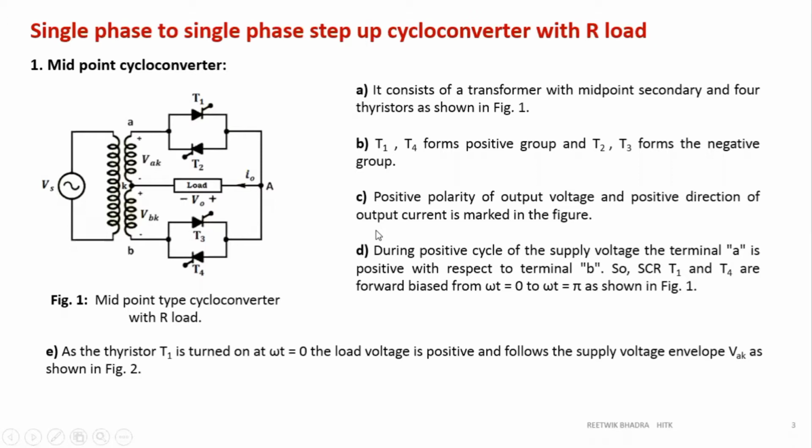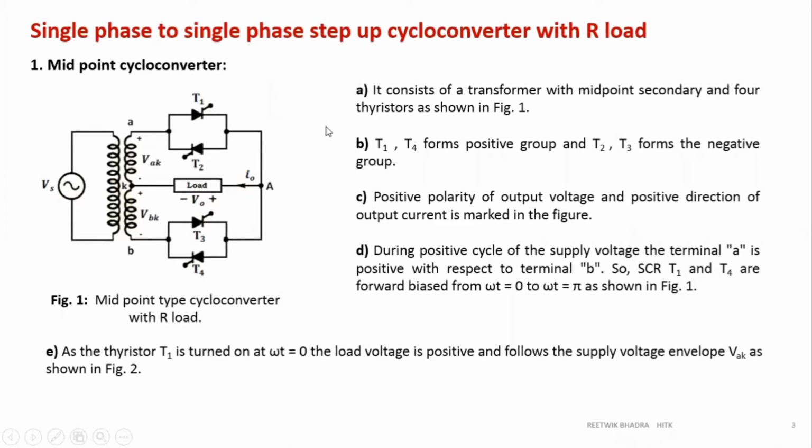Now, when we are using a midpoint cycloconverter, obviously there should be a center tap transformer, or as I have stated here, a transformer with midpoint secondary. How many thyristors will be there? 4. 1, 2, 3, 4.